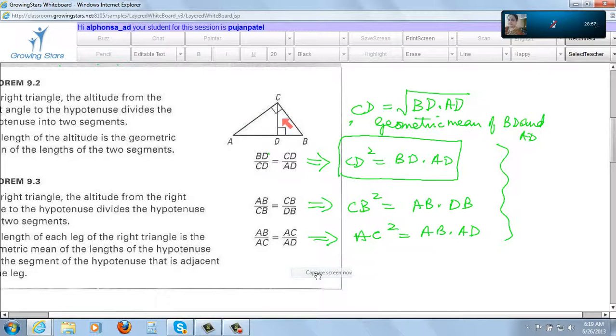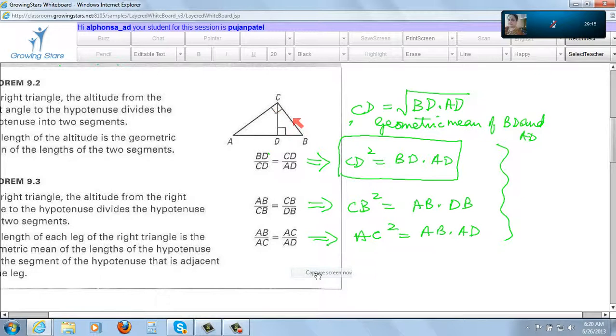CD is the altitude right at the middle inside the triangle, and it is simply the geometric mean between these two segments. Then we come to the next one, CB squared. CB is also an altitude because it's making 90 degrees here.